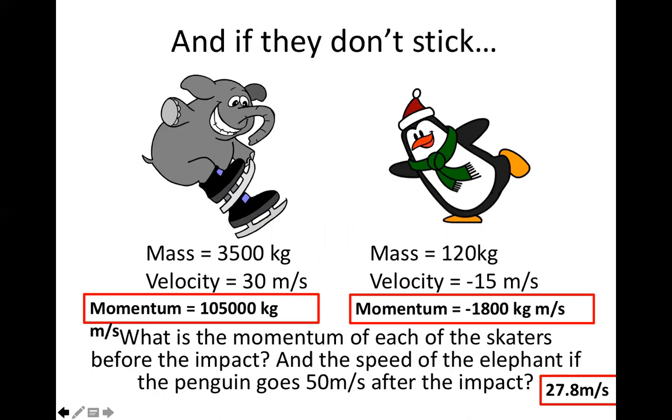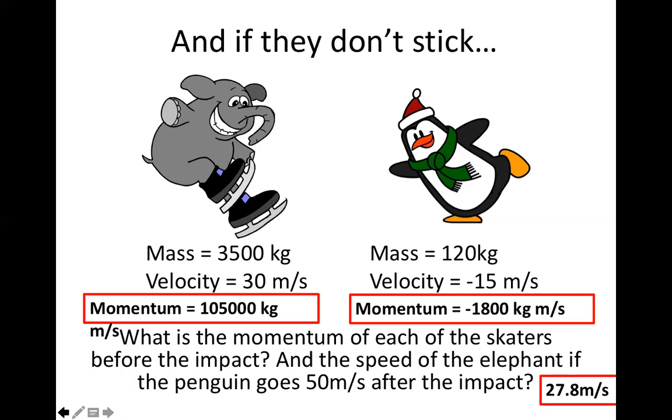Can you all walk me through it? So you take the 105,000 plus the negative 1800. You get 103,200, and then divide by 3,620, they get 28.5.